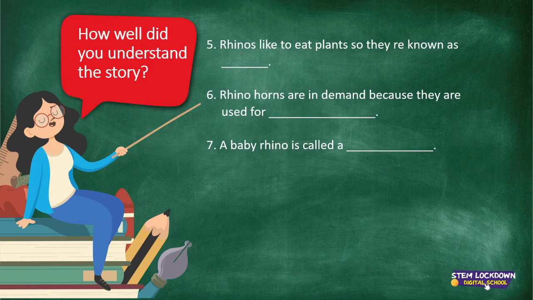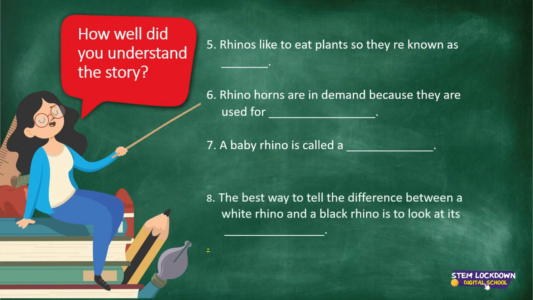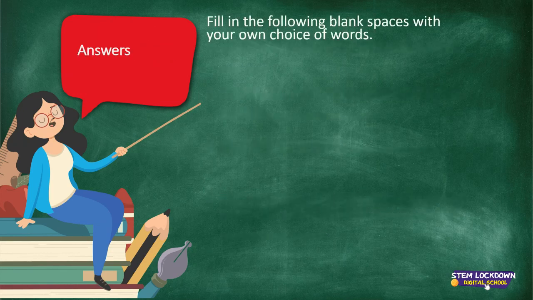A baby rhino is called a, and number 8. The best way to tell the difference between a white rhino and a black rhino is to look at its, right, you got all that. Okay, let's look at the answers. Let's see if you got the same answers as this.